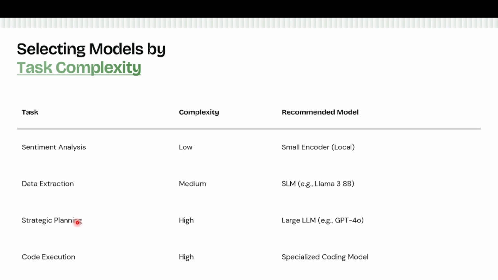For strategic planning, the task requires reasoning, acting, planning, sequential execution, chain of processes. It follows a process. It is high because it involves higher cognitive capability. So here you can use a large LLM like GPT-4o.